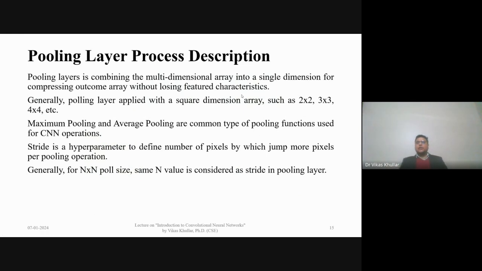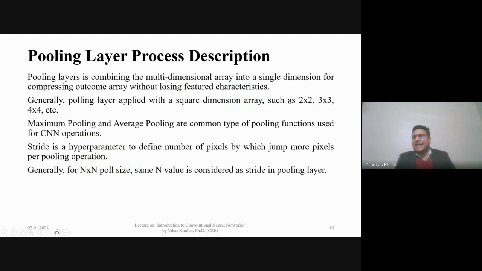Why are we reducing? The reason is when we have fewer elements to operate, the neural network is less complex. If we have more elements to operate, the neural network is more complex. So the pooling layer reduces the dimension of your input data.